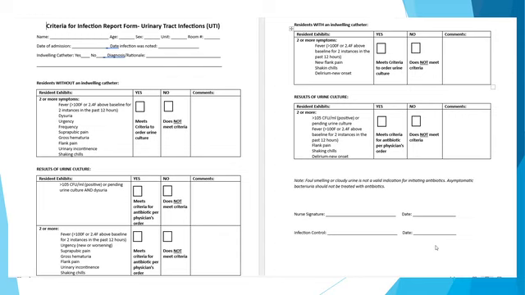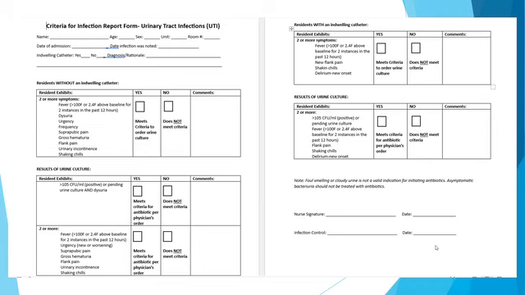Dysuria, urgency, frequency, suprapubic pain, gross hematuria, flank pain, urinary incontinence that is new or worsening, and then your shaking chills. So we really need to make sure that we are looking at that before we are getting that UA.